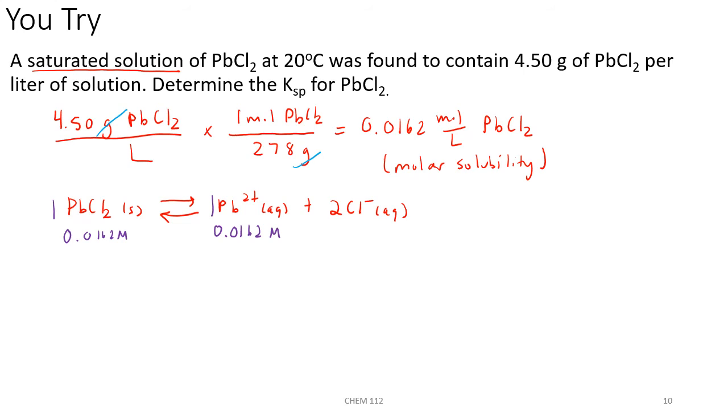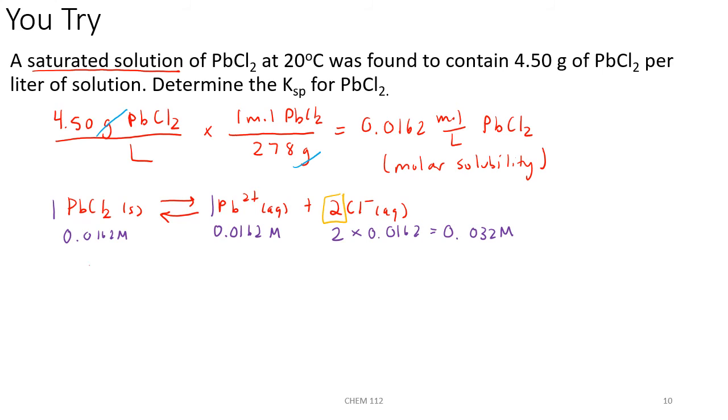The concentration for the chloride anions will be 2 times the molar solubility, so 2 times 0.0162, which gives us a concentration of 0.032 molar for our chloride anions. That's because we have that coefficient of 2 out in front of our chloride, so the stoichiometry tells us that there will be 2 moles of chloride formed per every 1 mole of lead 2 chloride that dissociates.